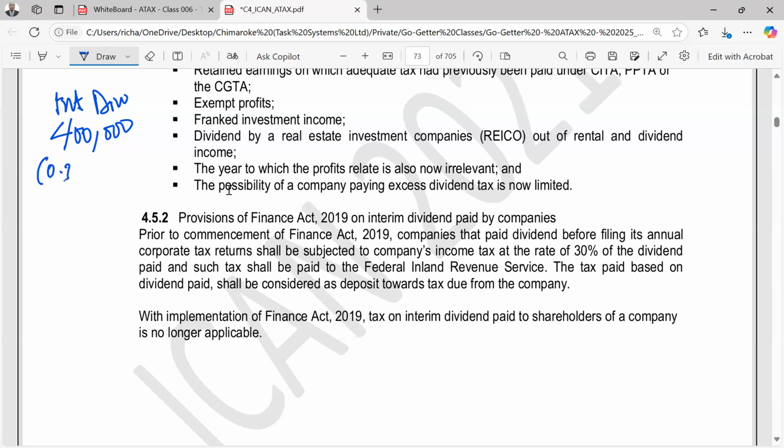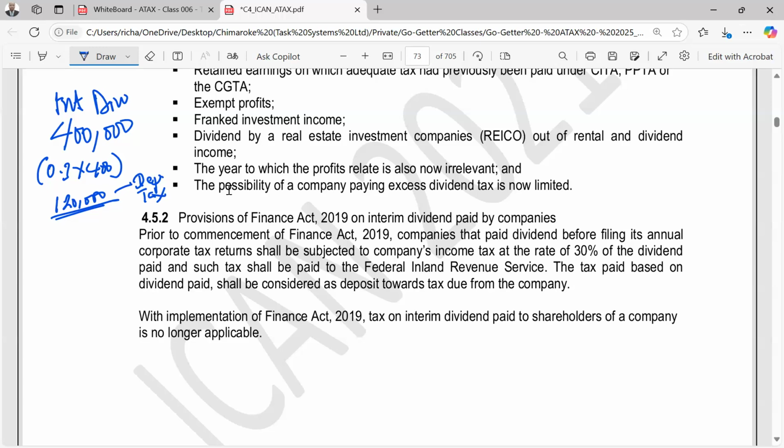So 30% of 400 is going to give me 120,000. This is the tax you have paid. Okay, it means this is a deposit tax, so this is your part payment of your tax.